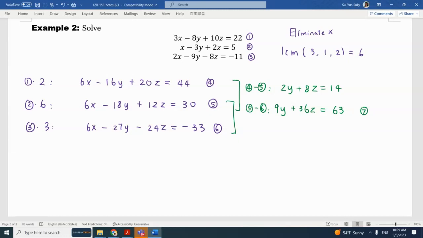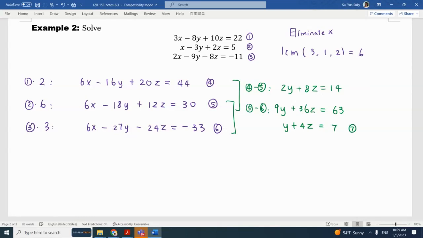Oh, by the way, I forgot to simplify it. Do you see here? All the terms have a common factor 9. So we can simplify it. Colin, if you divide it by 9, what do you get? y plus 4z equals 7. Yes.